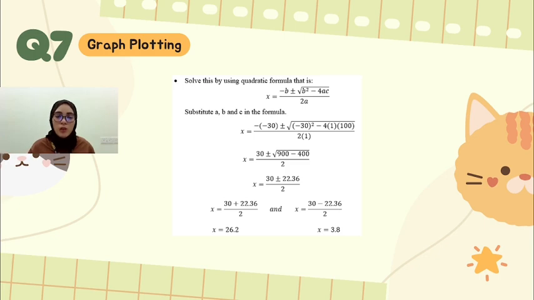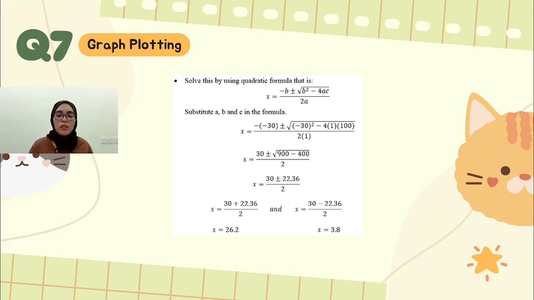So you just calculate it one by one. Make sure you calculate one by one using a calculator, because we don't want you to misinterpret the answer. Then you will get two answers because of the plus minus.